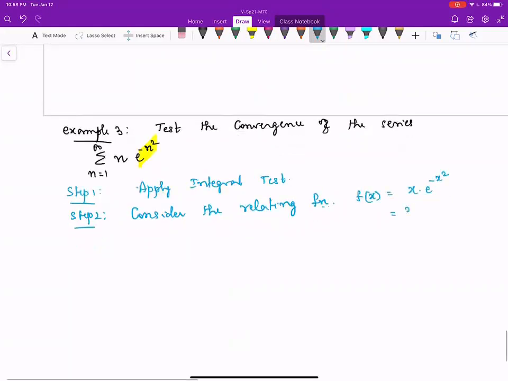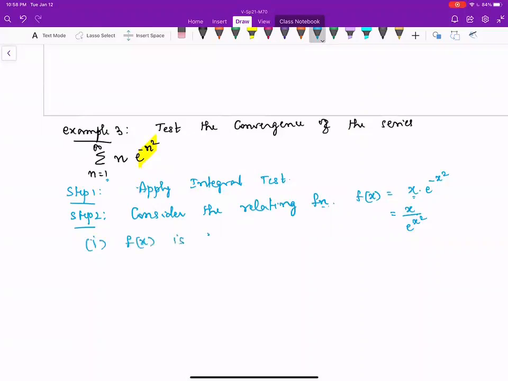We can also write this as x divided by e to the x square. In the context of the problem, x will always be greater than or equal to 1, and the exponential function is positive as well. So we can say x over e to the x squared is positive and continuous. We can make that observation here.